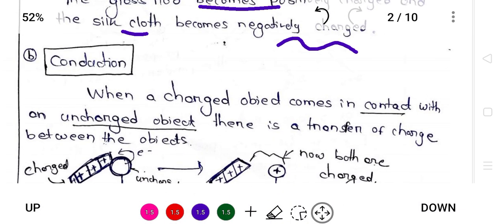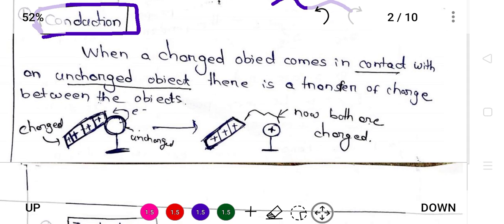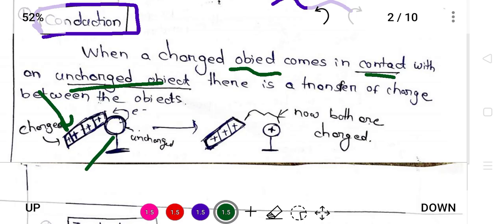There is another method for charging, and this method is called conduction. In the conduction method, when a charged object comes in contact with an uncharged object, there is transfer between the objects. First of all we take a charged object, let's say a charged rod. We make a physical contact with an uncharged object.